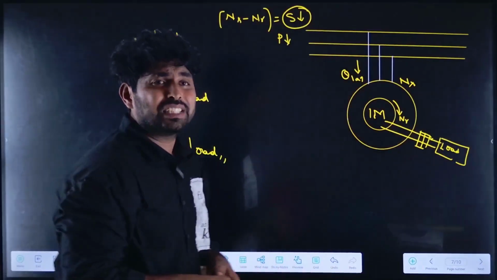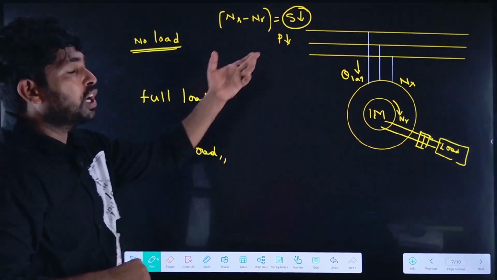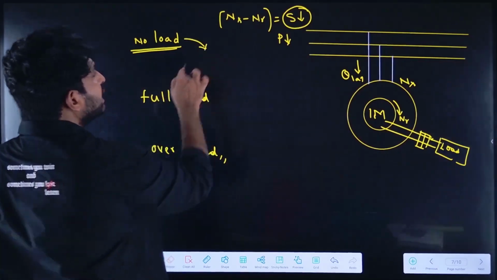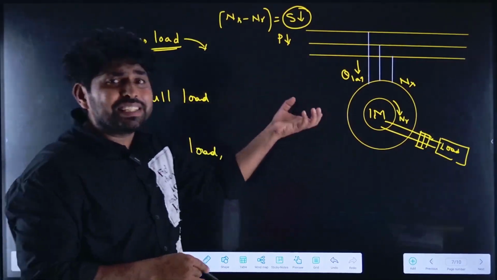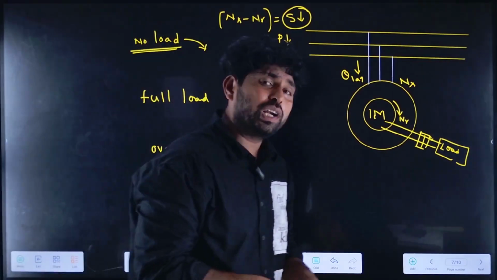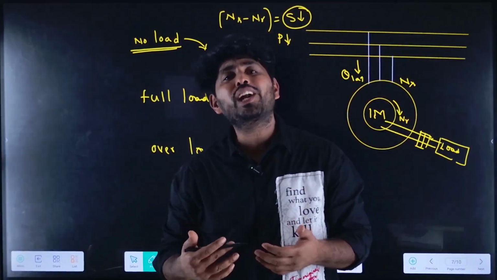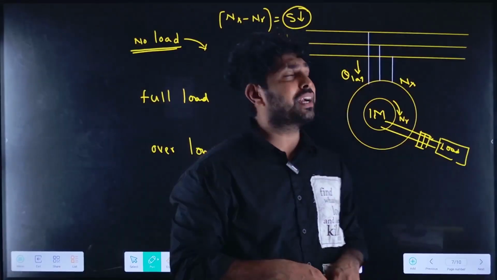Similarly, the rotor copper loss also depends on the slip. In the no load condition, if active power is less, what about the power factor? It will operate at a low power factor.